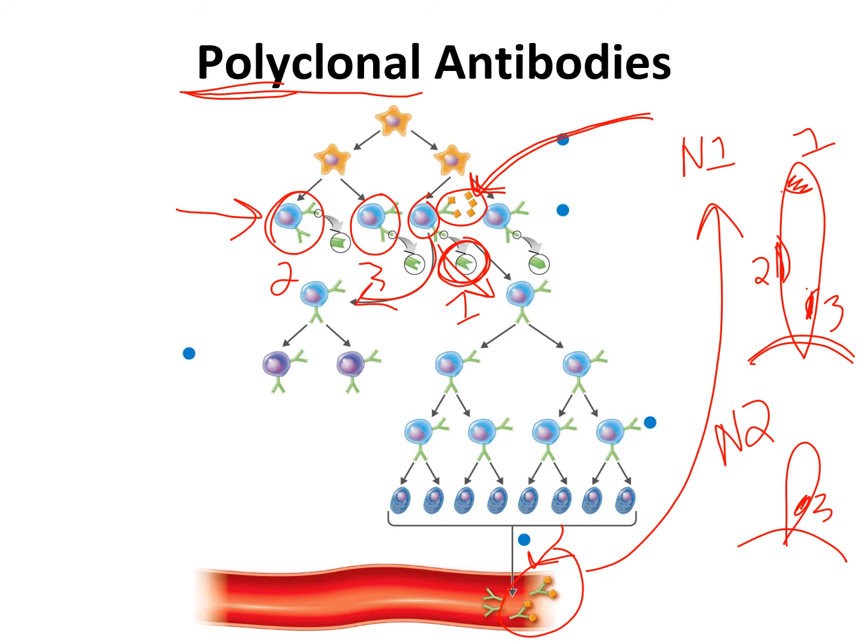So if you have polyclonal antibodies in your diagnostic test, you may get cross-reactivity. You may get positive reactions for N1, which you're looking for, but you may also get positive reactions for N2. So then you do not have high specificity in your diagnostic test because it is not only identifying N1, it is cross-reacting with another strain of flu virus.